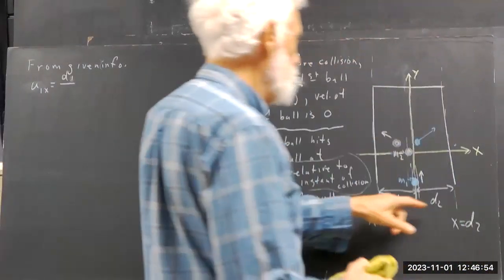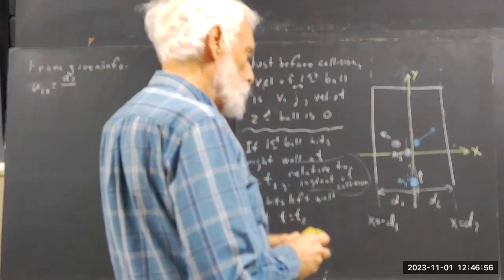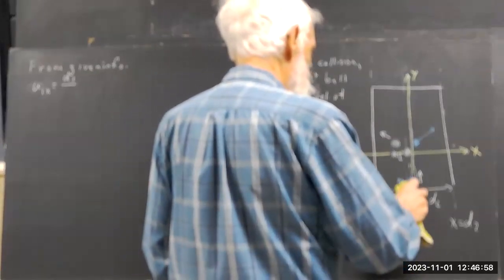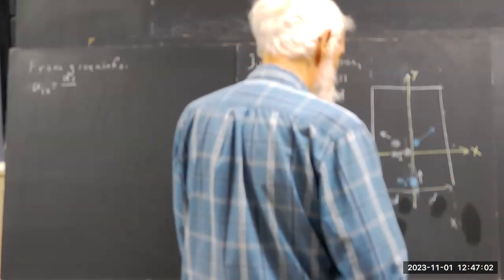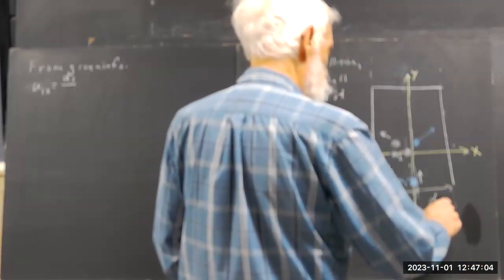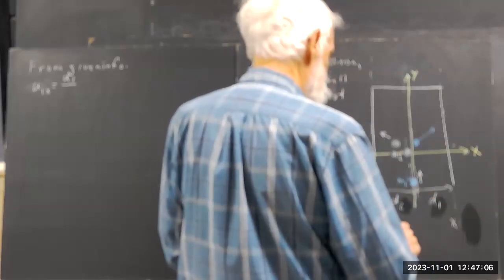I call these D1 and D2 because I was numbering from left to right. That's going to be a little confusing. So I'm going to call this D2 and I'm going to call this D1.